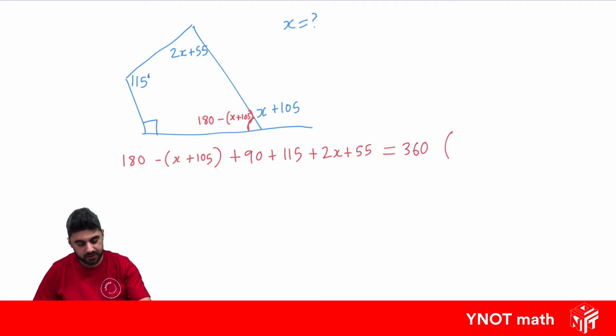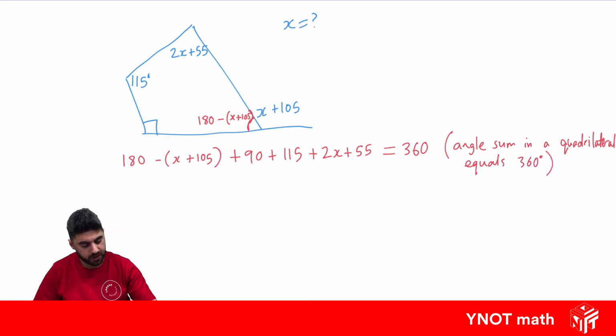We can say angle sum in a quadrilateral equals 360 degrees for our reason. We just have to go ahead and solve this equation.